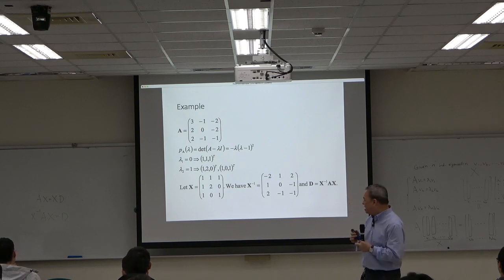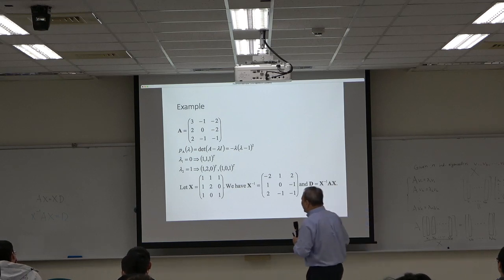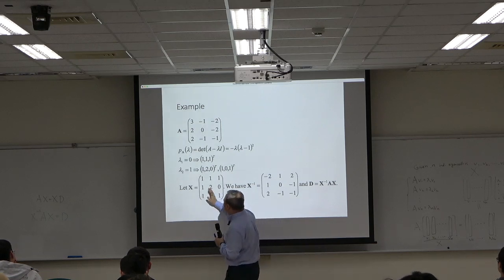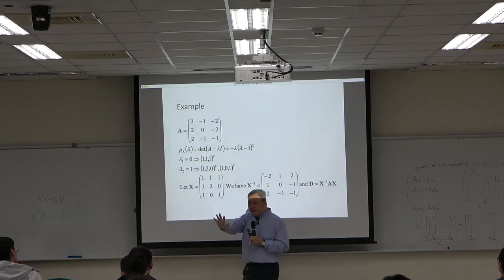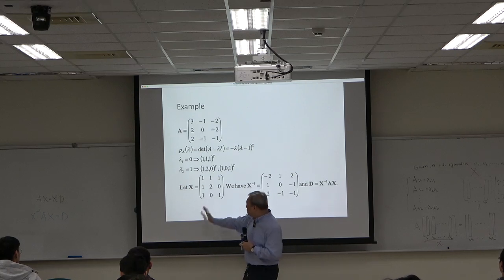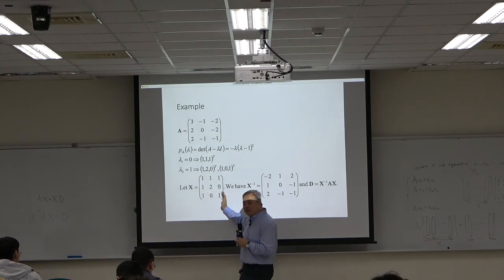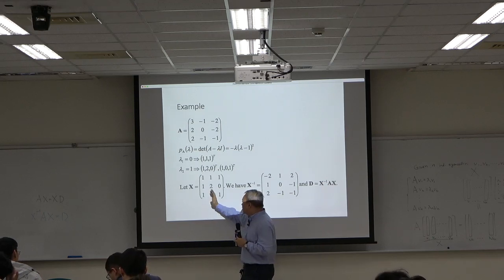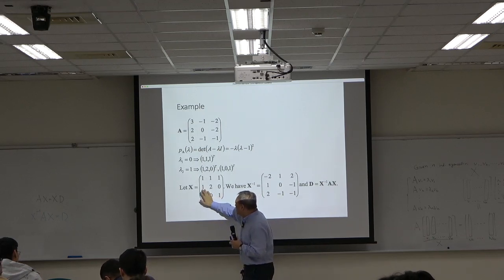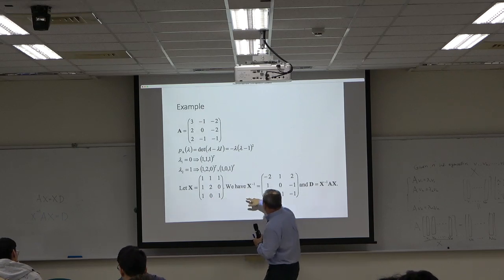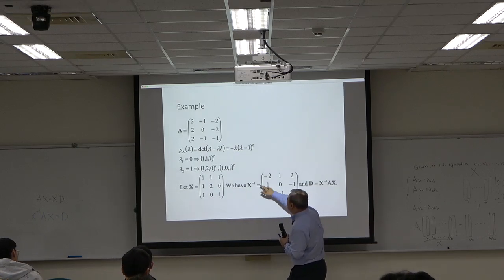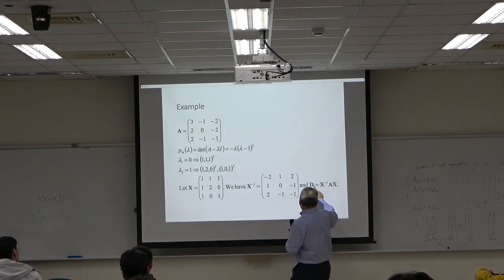I don't have time to do that, so you just let X be this. This X is not unique. Obviously, you can permute the order of the columns. So X is this one, and you can compute X inverse.